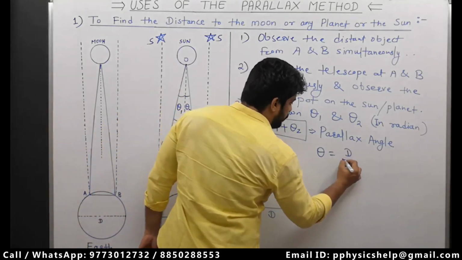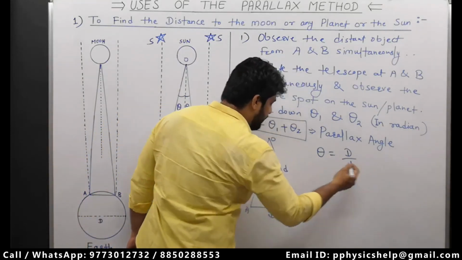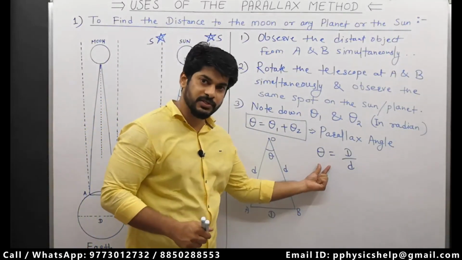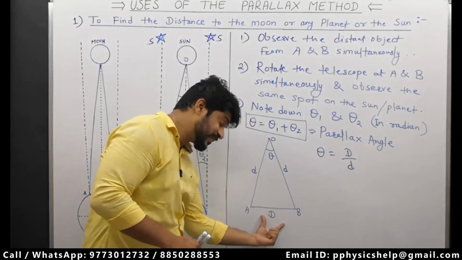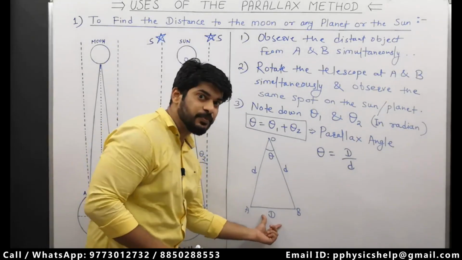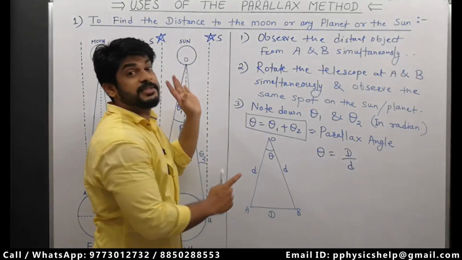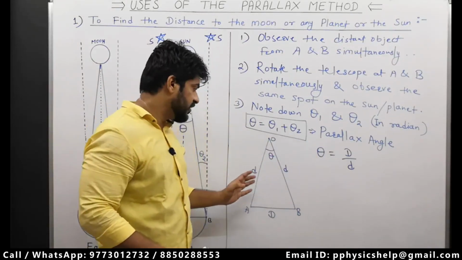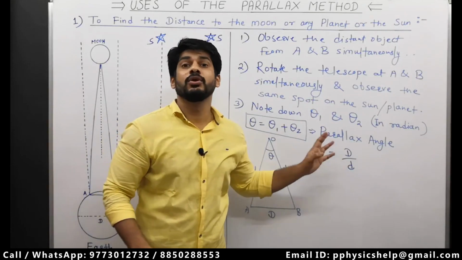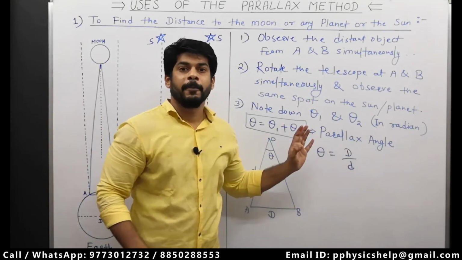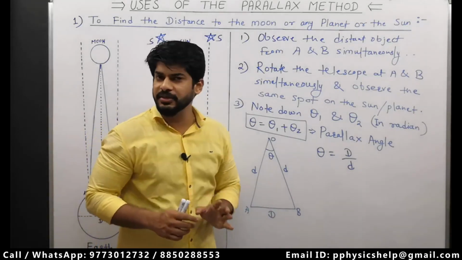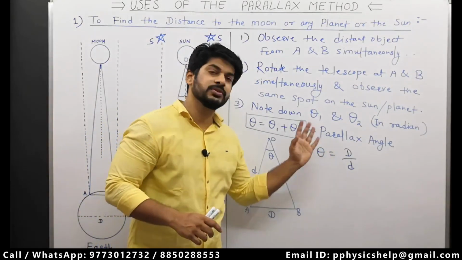Remember, this equation works very well if this distance is very small in comparison to this distance. Then only this equation works. Otherwise, if this distance and this distance are nearly the same, then we can't use this equation.